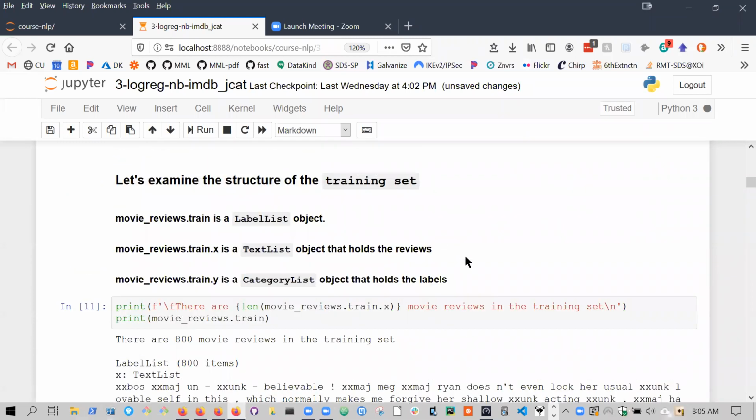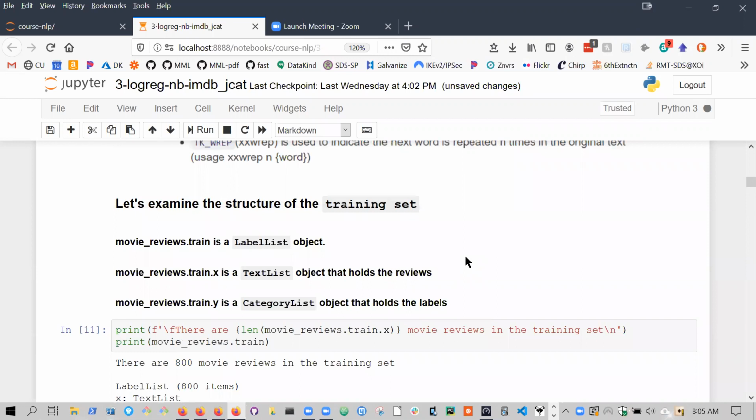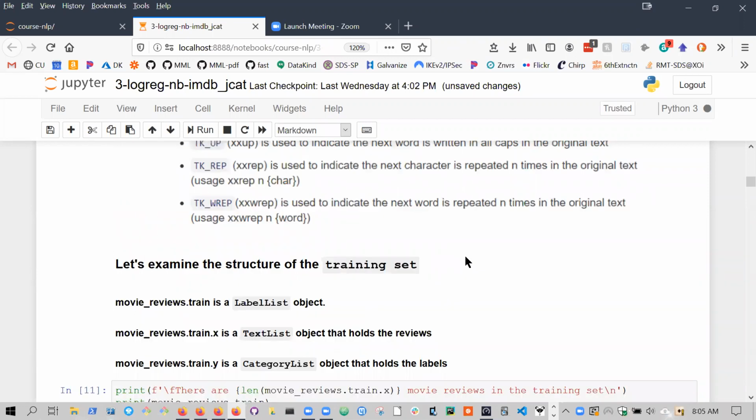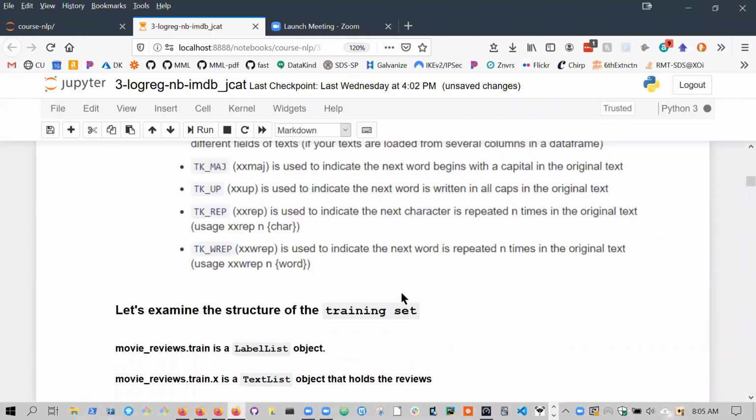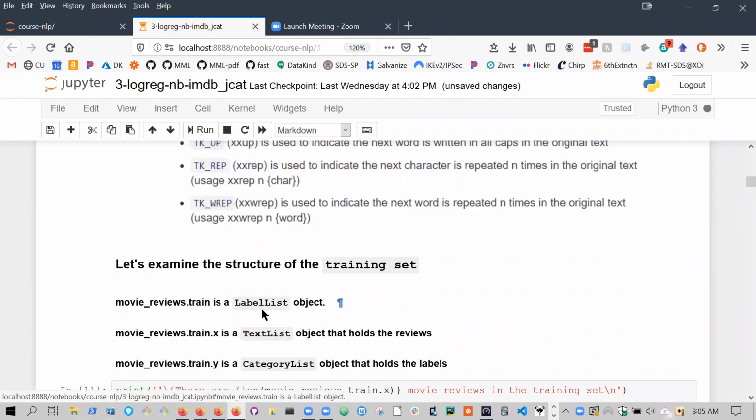FastAI has a really beautiful API to import the data like this, and it imports it into a series of hierarchical objects. It imports the data into a label list object, a text list object and a category list object.